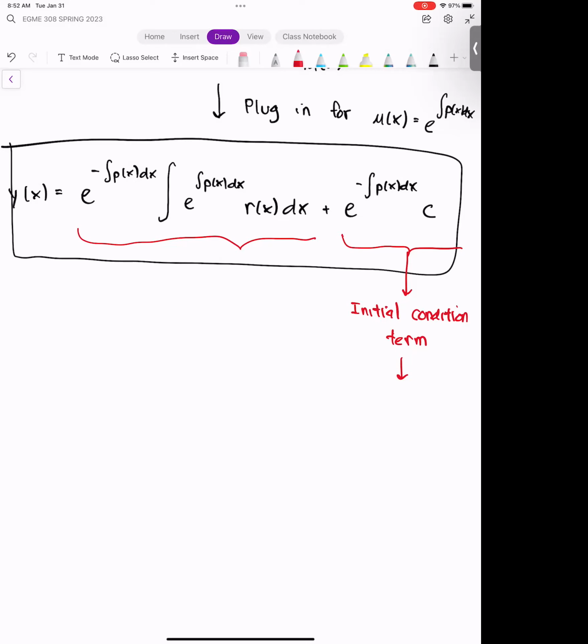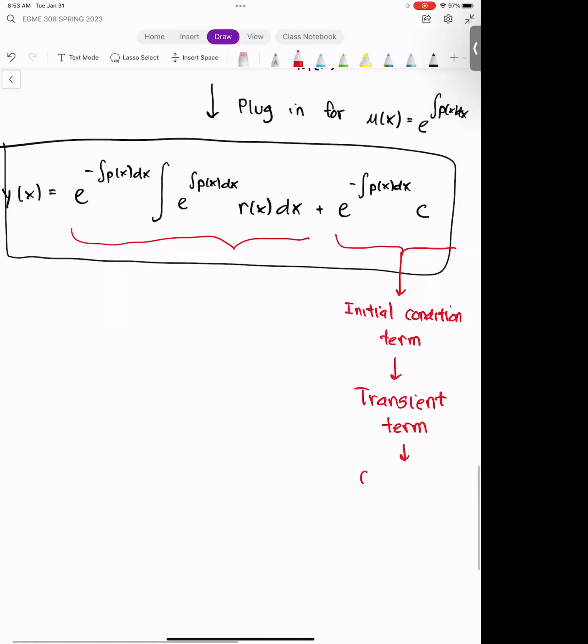And so this term is often called the transient term. And the reason for that is, just like I mentioned, when you get to large values of t, or large values of the independent parameter, large values of x, this term just goes away, generally.